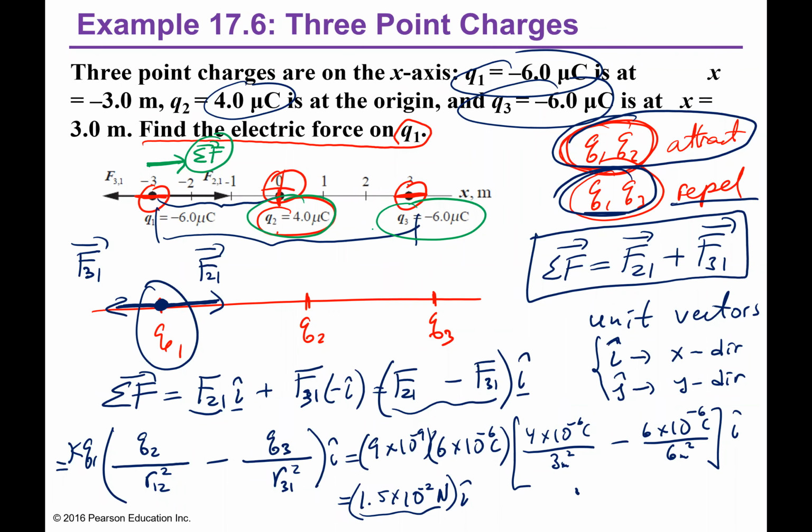So the force that Q2 exerts is much stronger. So that's why at the end, what we get is overall positive. That means attractive toward Q2 force. That means Q1 is going to be attracted to that configuration. It's going to be speeding up to the right. All right.